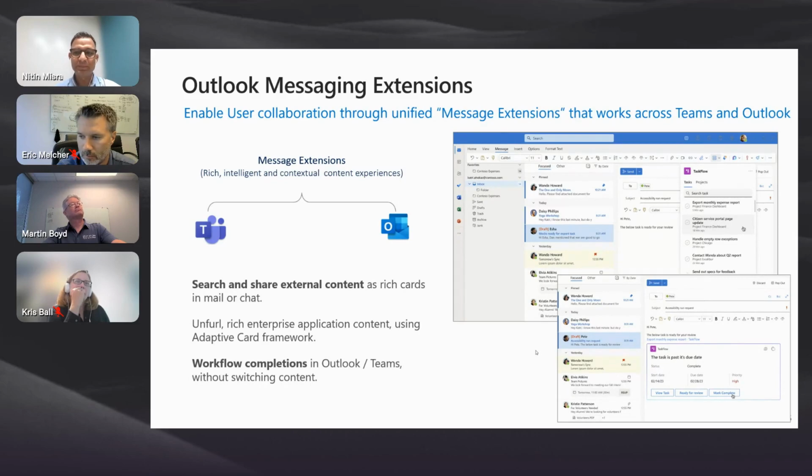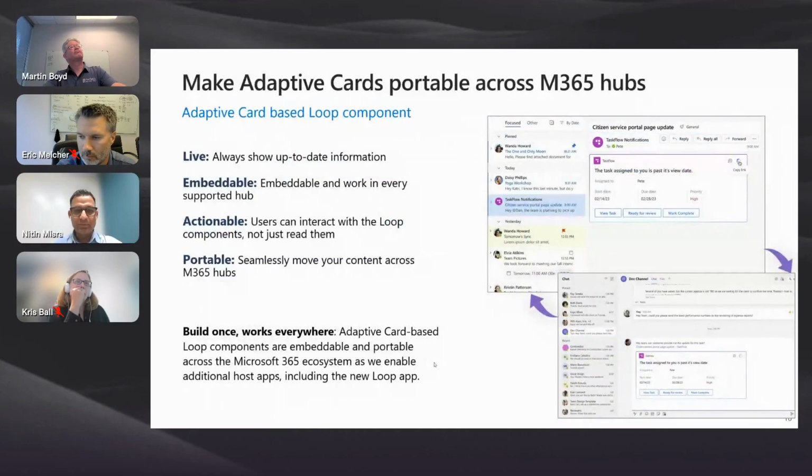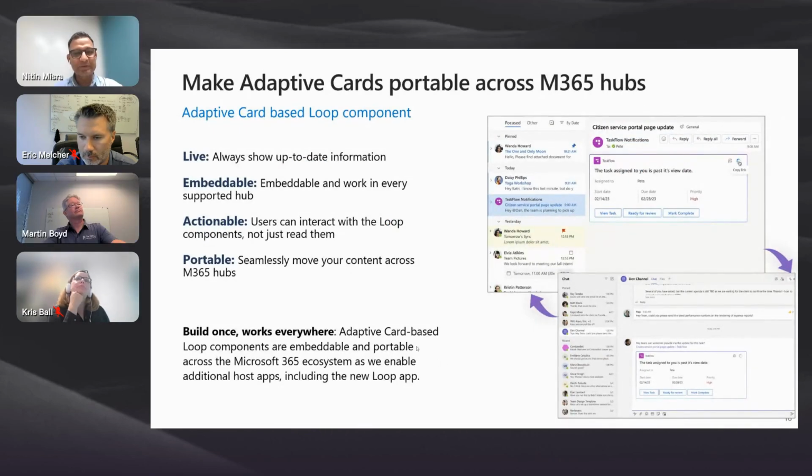We'll move ahead. So now we have created, so far, card-based message extensions which enable us to complete the workflows. A lot of times my users are working either on Outlook or Teams, or it could be other M365 hubs. And the natural progression is whether I can share the cards, which are the UX constructs showing me the external application content, over the other hubs.